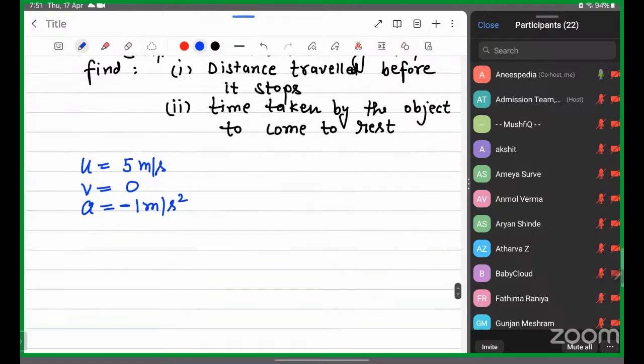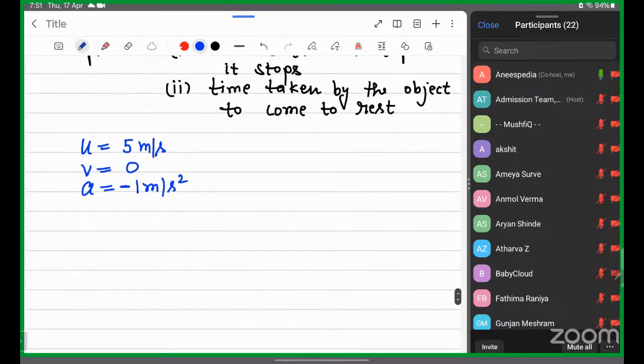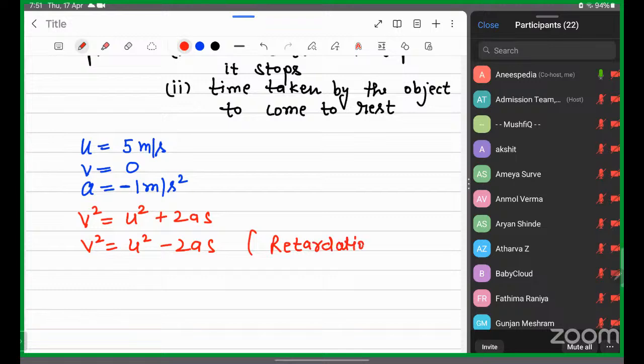Now we have to find out distance. So we can use the third equation, which is v square equals u square plus 2as. But if a is less than 0, then v square equals u square minus 2as. This is for retardation, and this is for acceleration.